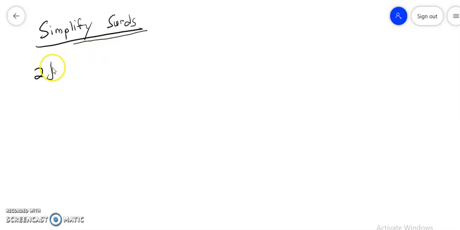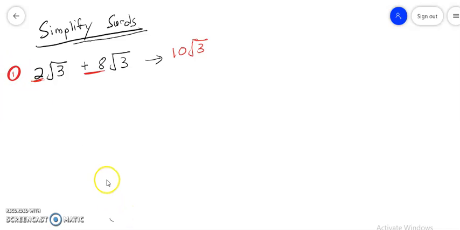Here we have 2 square root of 3 plus 8 square root of 3. This 2 and this 8 will be added, and this square root of 3 will behave like an algebra. This is the lesson that we have learned in the previous slide. Now we are going to make it into multiplication.